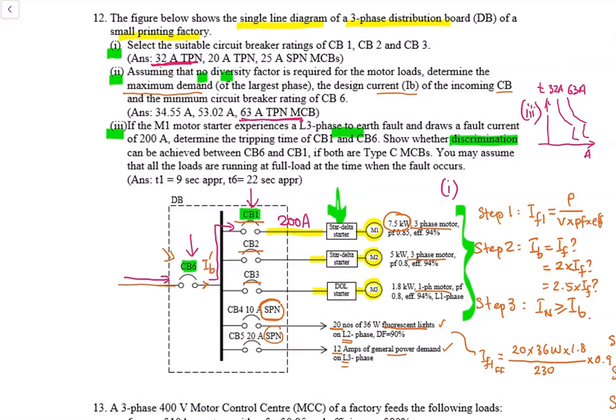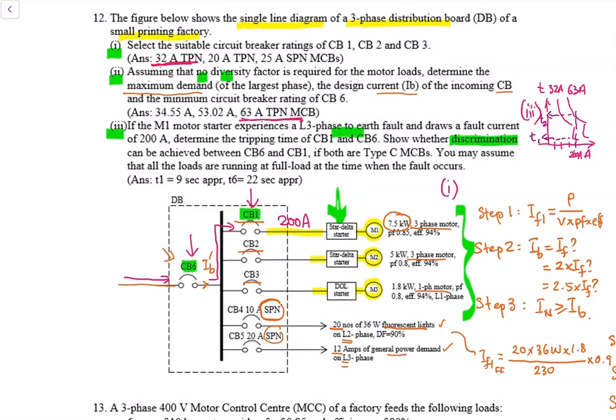And then I trace the 200 ampere line and find what time it takes for both circuit breakers to trip. I would expect the 32 ampere circuit breaker to trip faster than the 63 ampere. So find out these two times.